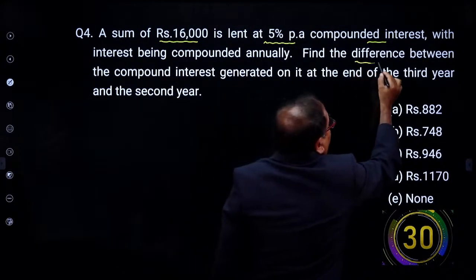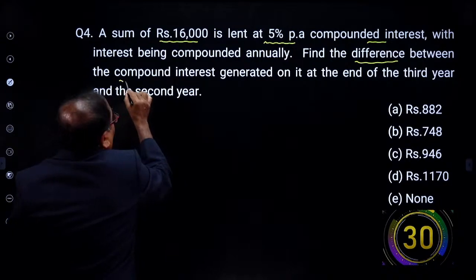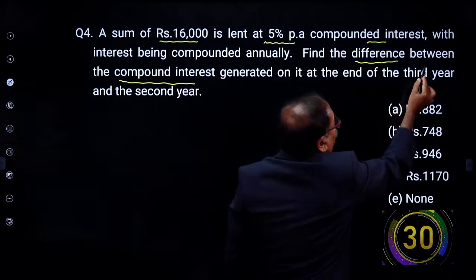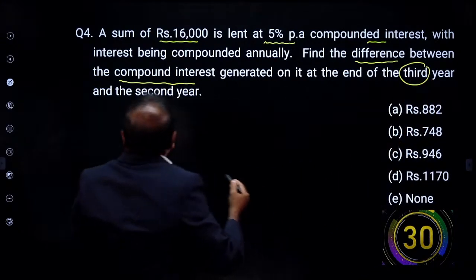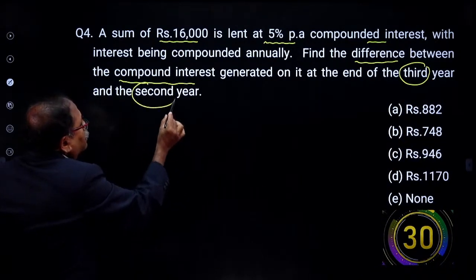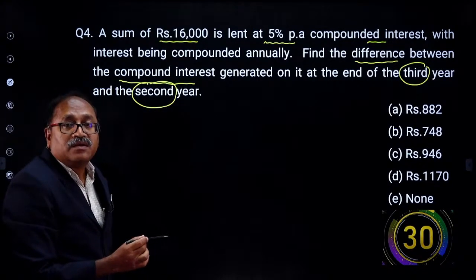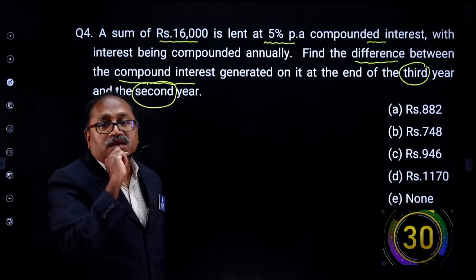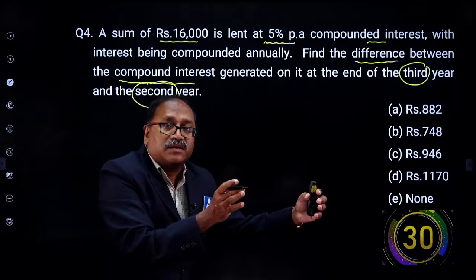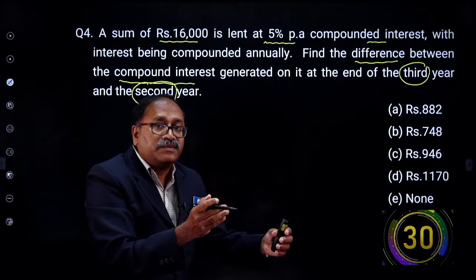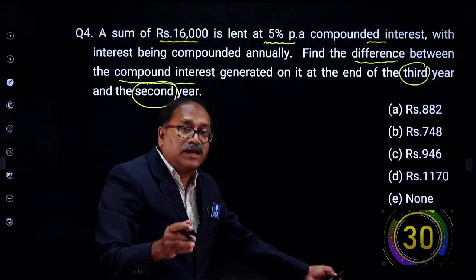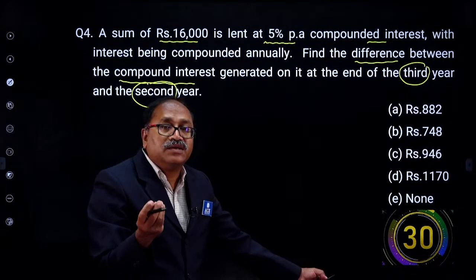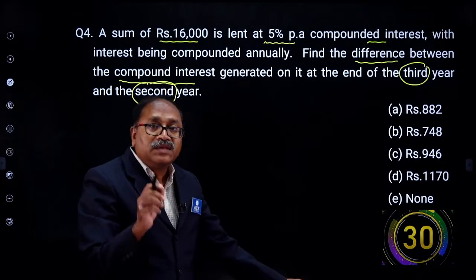Find the difference between the compound interest generated at the end of the third year and the second year. That means the second year and third year. Are you understanding the concept? Let's work it out, and if you don't get it, don't worry, I am going to explain in the easiest method. Your time starts now.